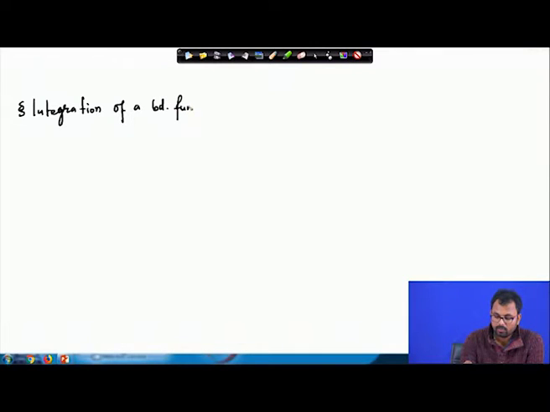So, integration of a bounded function on a rectangular, let us say parallelepiped.